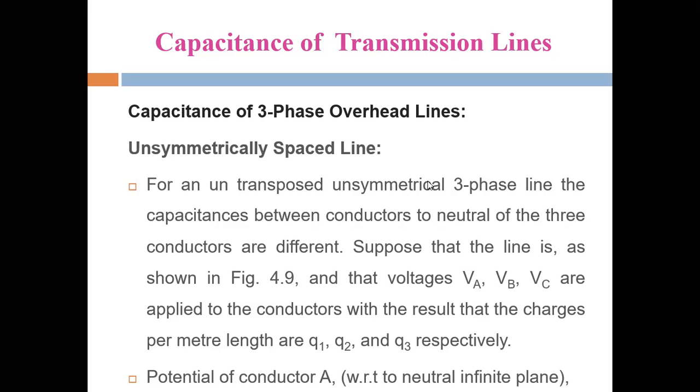Suppose the line is as shown in the given figure and the voltages VA, VB, VC are applied to the conductors, with the resultant charges per meter length Q1, Q2, Q3 respectively.